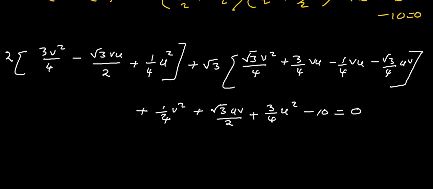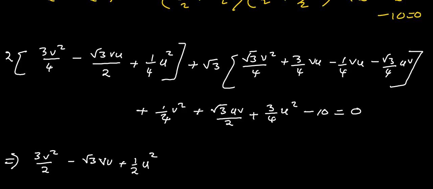Okay. So now I'm going to multiply everything by 2, so that 2 multiplies this part. So 2 there gives us 3 v squared over 2 minus root 3 vu, then 2 times that gives us 1 over 2 u squared. Then here I'm going to multiply root 3 by everything.